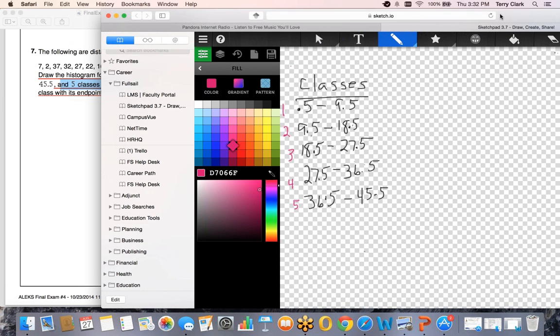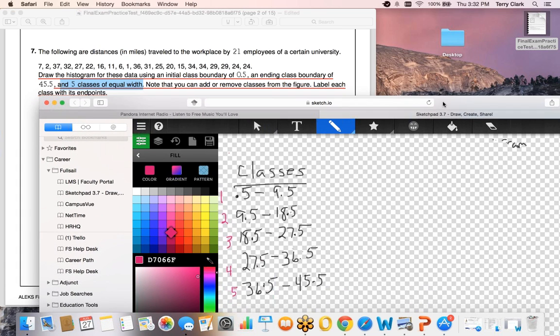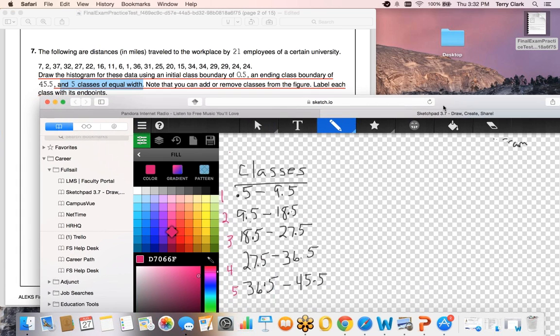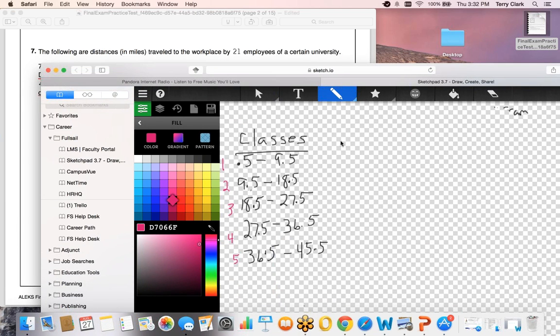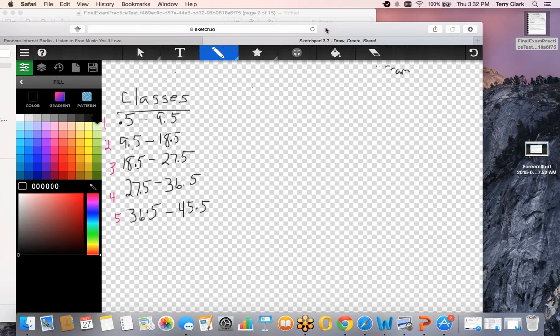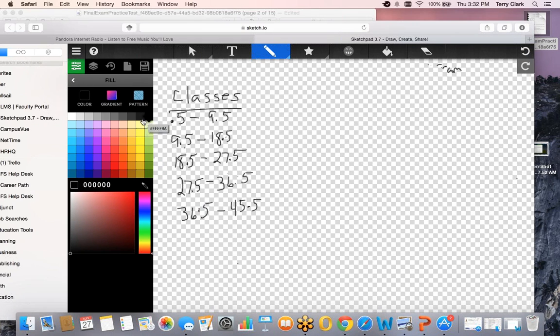Now what we need to do is figure out how many employees or how many units we have in each class. So we need to figure out what the frequency is. Before I do the filler, I want to take out those numbers because we were just using them to verify.